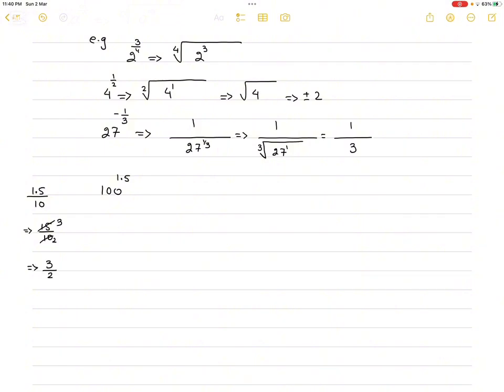So I can write 100 power 3 over 2. Now we can convert it into radical form. So 100 power 3 and the denominator goes to the root. It means the square root of 100 power 3, which is 1000.